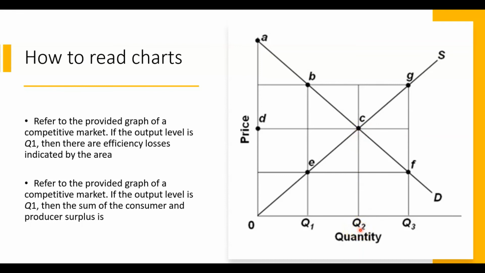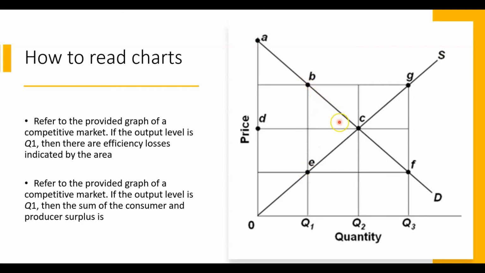But the question says, if output is at Q1, there are efficiency losses. So if output is at Q1, supply is at point E, and demand is at point B. So that means that we have our marginal benefit greater than our marginal cost.